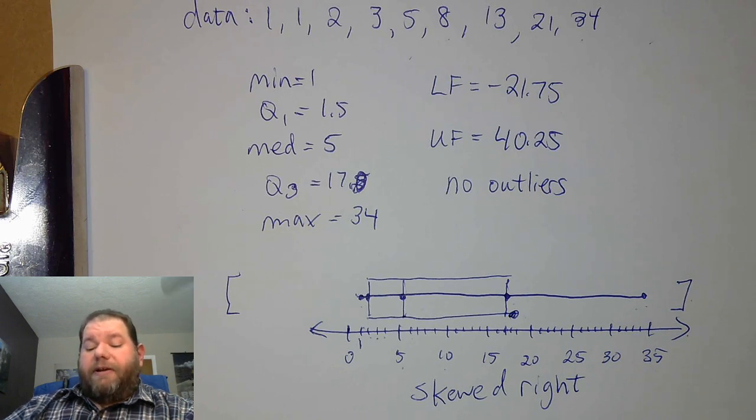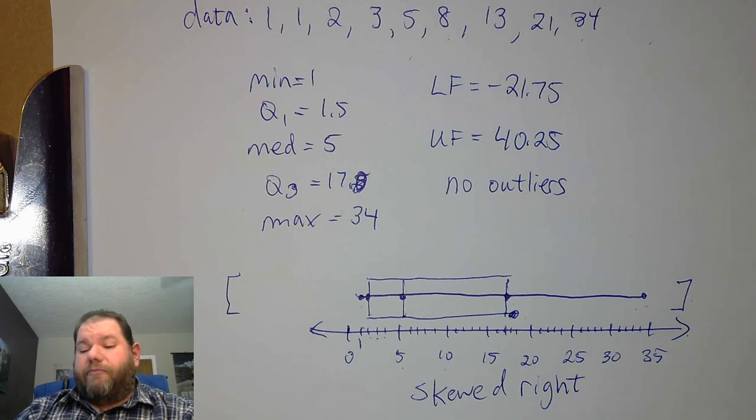Like I said, because the box is about half the size of the entire length of the line we drew, it's probably fairly evenly distributed, but overall, I think it ends up being slightly spread out as a result.